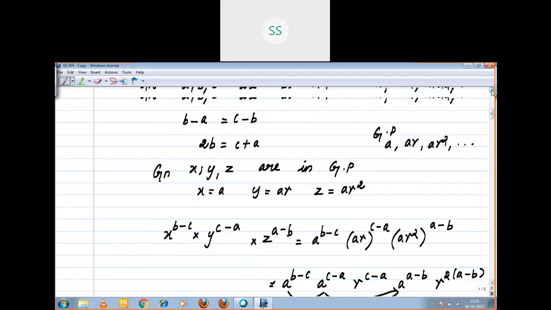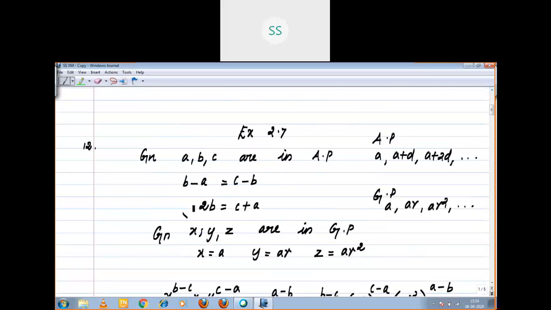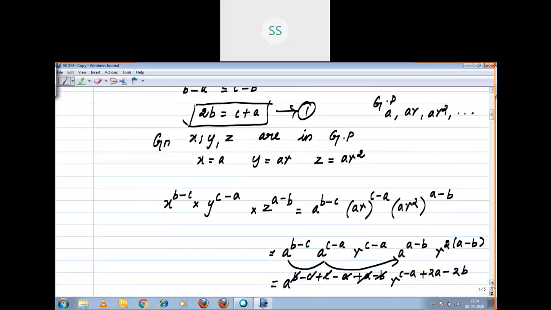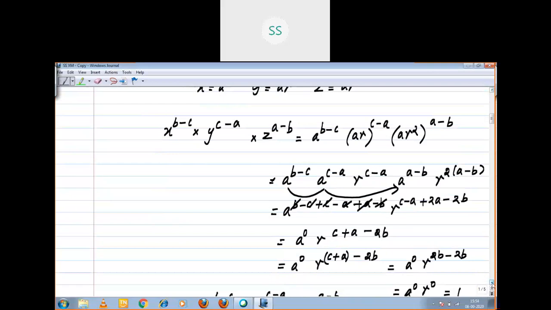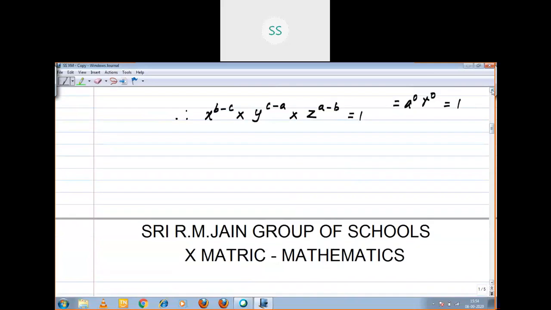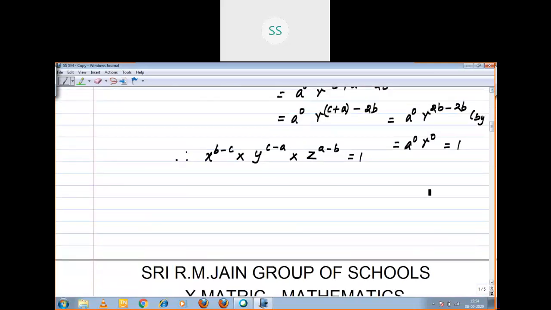It is in AP, 2B equals C plus A. That you are using in the place of R power, by equation number 1. Got it, children?